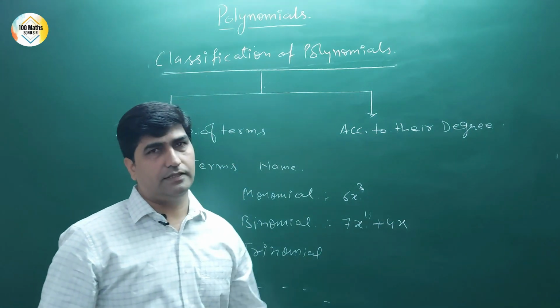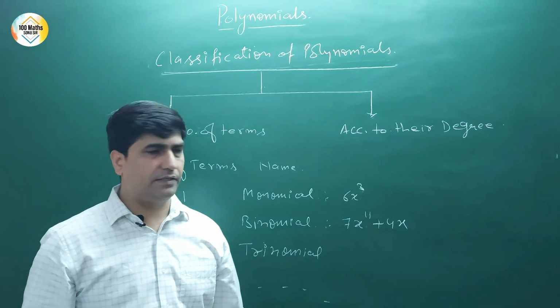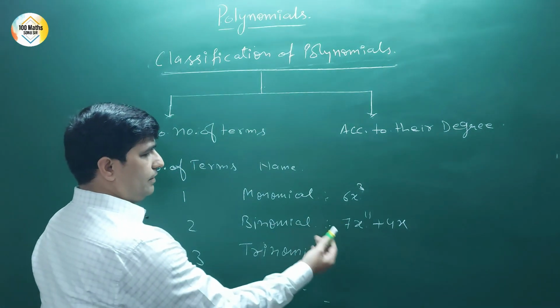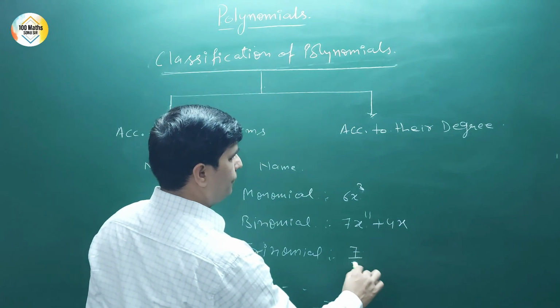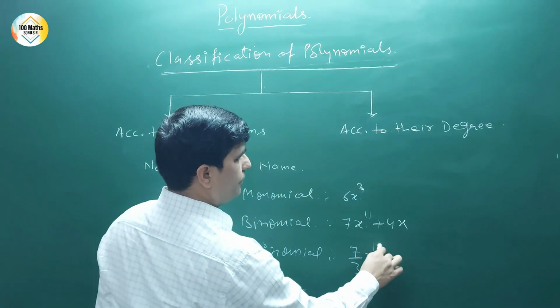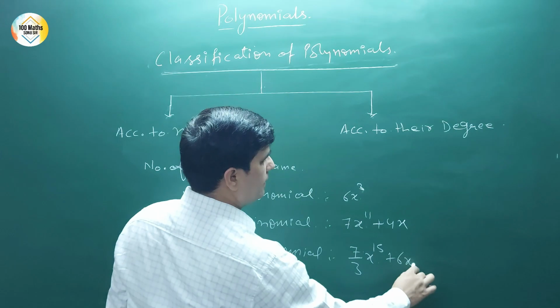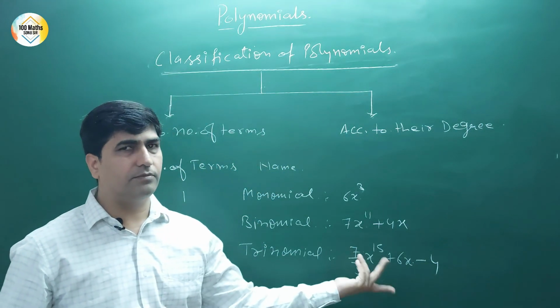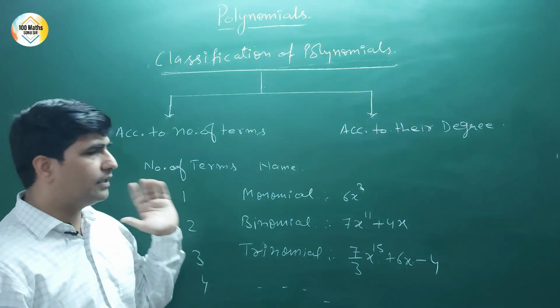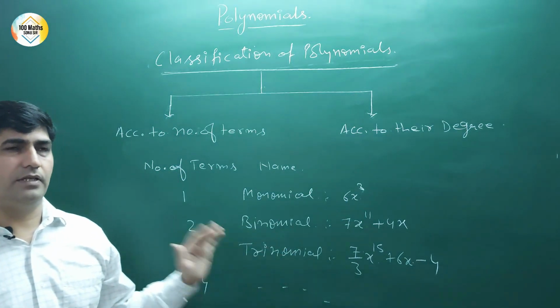One is this, second is this. Power you can take any, right? Now trinomial, there should be 3 terms. Let's say 7 by 3 x raised to power 15 plus 6x minus 4. This is the third term. 1, 2 and 3, 3 terms, trinomial. So this way you can write the monomial, binomial and trinomial.